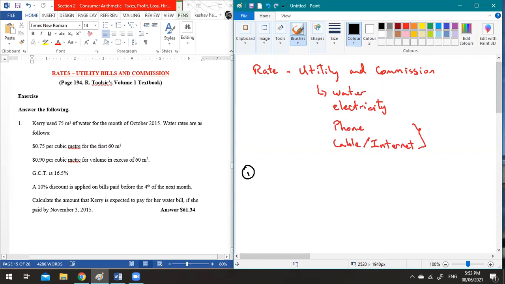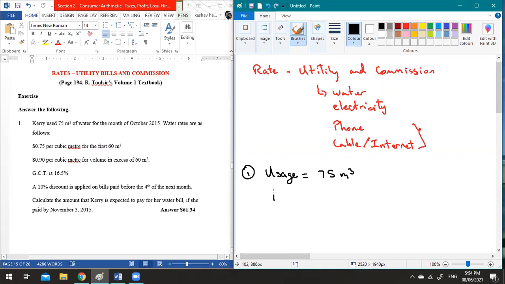So question one, Kerry used 75 meter cubes of water for the month of October 2015. Water rates are as followed. So his usage is 75 meters cubed, right? We have to know that.